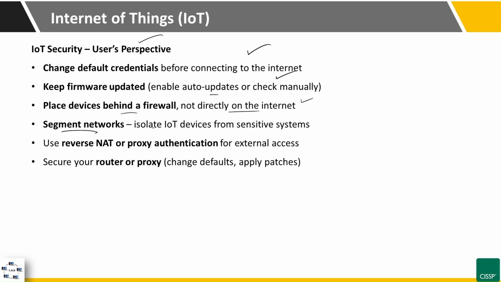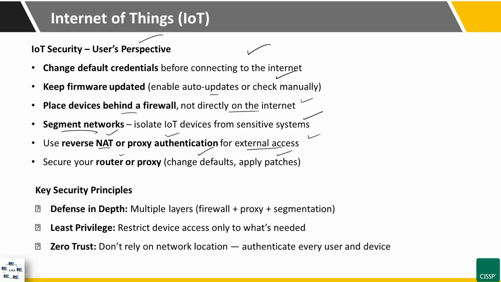Segment the network, which means to isolate IoT devices from other sensitive systems. Use reverse network address translation or proxy authentication for external access, and secure your router or proxy, that is, change the default credentials and apply vulnerability or security patches.